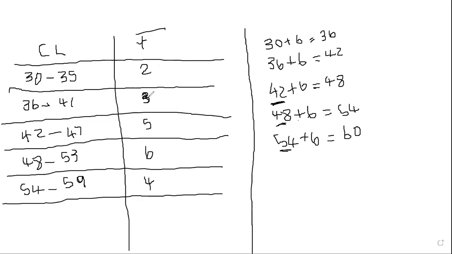So 2 plus 3 equals 5, plus 5 equals 10, 10 plus 6 equals 16, 16 plus 4 equals 20, meaning our frequencies are correct. They correspond to the total number of observations or sample space, which equals 20. So this will be our numeric frequency table.